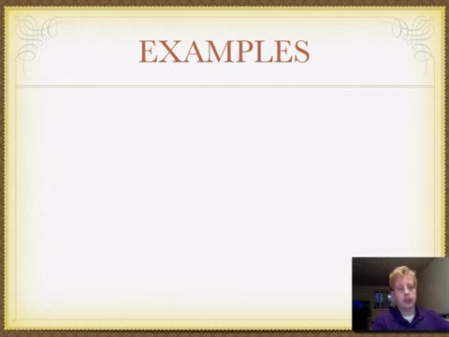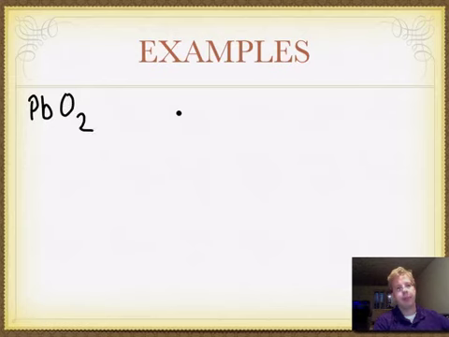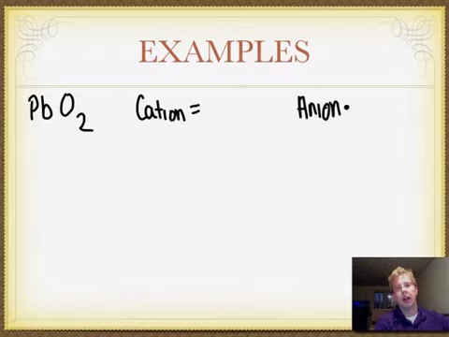What if I have a transition metal involved with this, though? If I have PbO2, lead is my cation. We don't necessarily know what the charge of the lead ion is yet, but we can determine it from our oxygen anion, because oxygen is always going to be a -2.